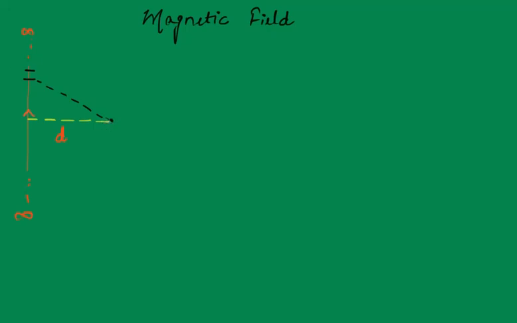We know that the magnetic field dB is given by mu naught by 4 pi into current into dl, which is the current element, cross r vector divided by r cube, right? So let's apply this expression here.